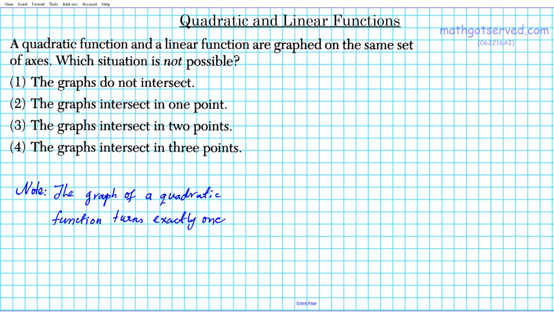One way to know the maximum number of turns for any polynomial function is by looking at the degree. For the quadratic function, it turns exactly once since its highest degree is 2. So a polynomial function turns one less than the highest degree.